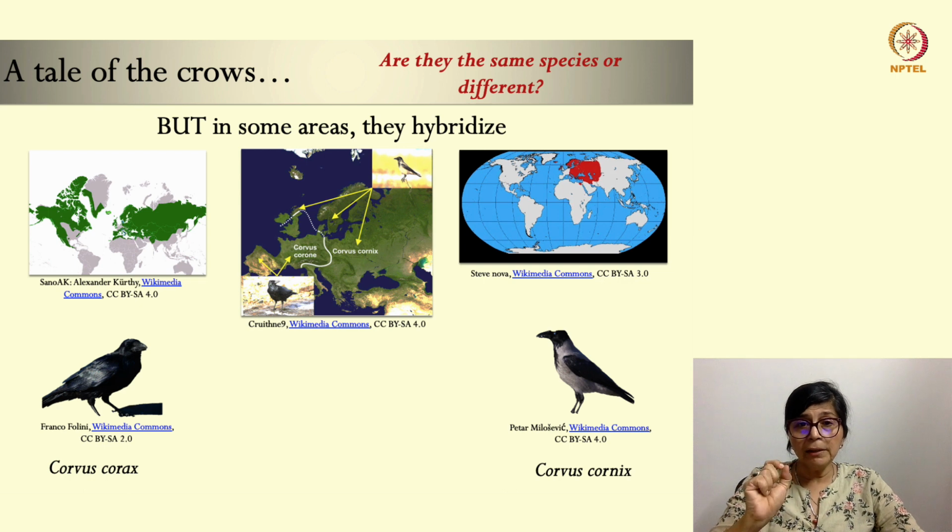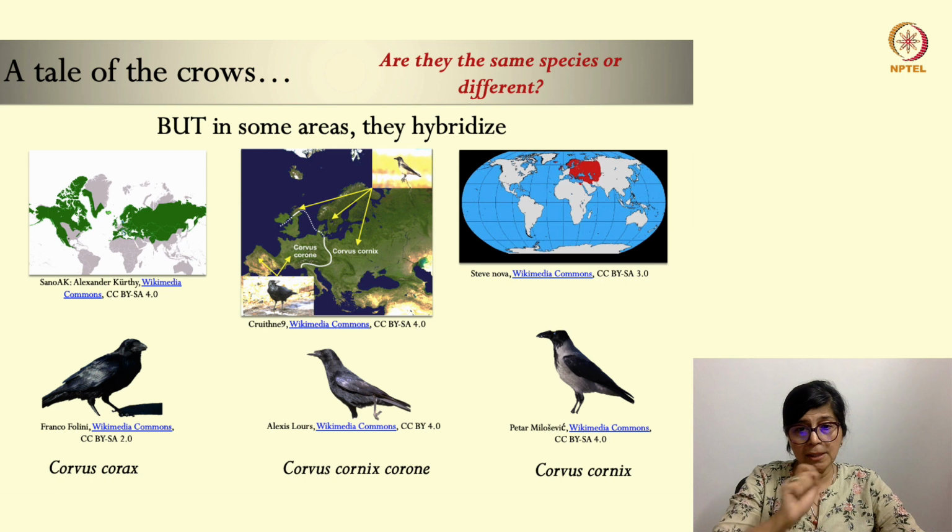But why is that line drawn? This is why. Because along that line and adjoining areas, Corvus cornix, the subspecies cornix, this is a hybridization zone. So in this zone, the species can also hybridize.